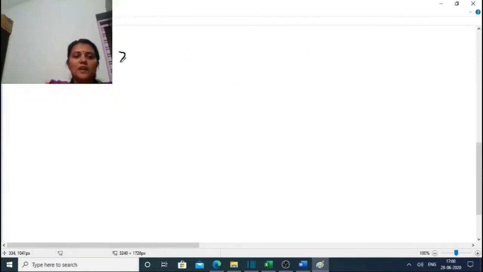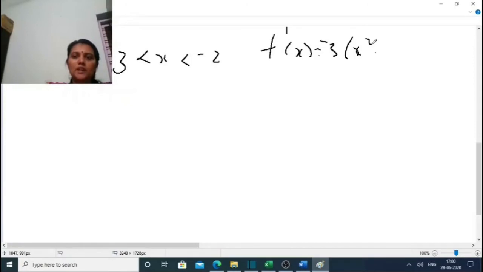In the interval minus 3 less than x less than minus 2, f dash x equals minus 3 into (x square minus 4). Here x square will be greater than 4, so this will be less than 0.